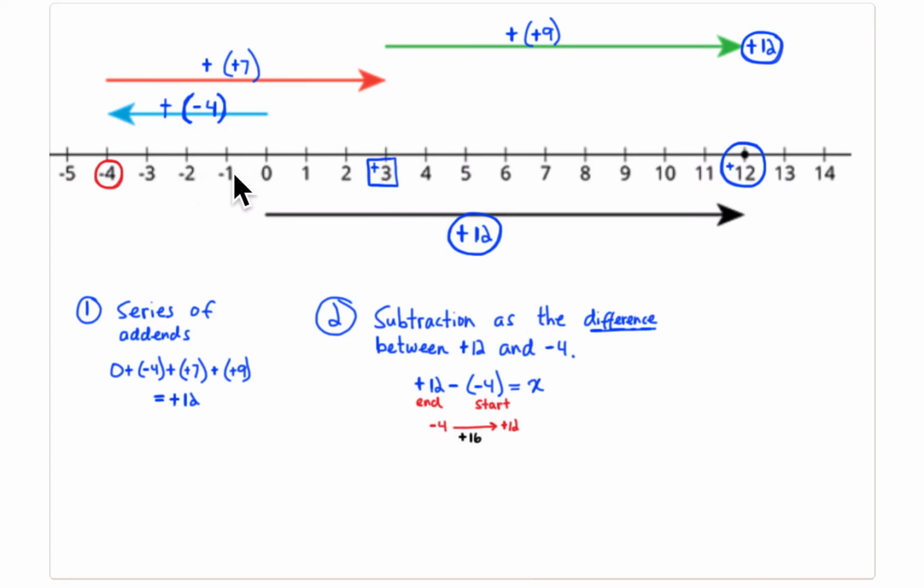You add these addends together. Where do you end? You end at positive 12. And if you subtract the beginning amount, so take this negative 4 away, you end up with an answer of 16. This is 16 units from this negative 4 to this positive 12.